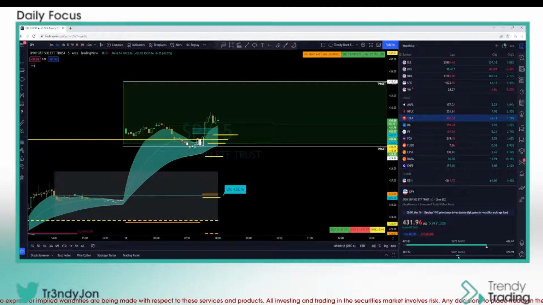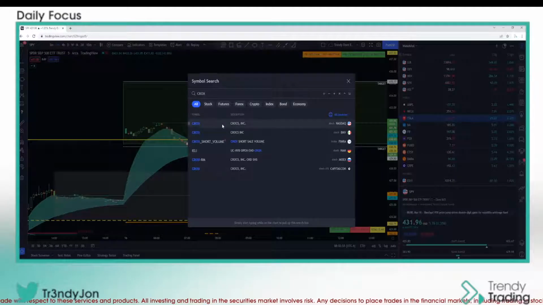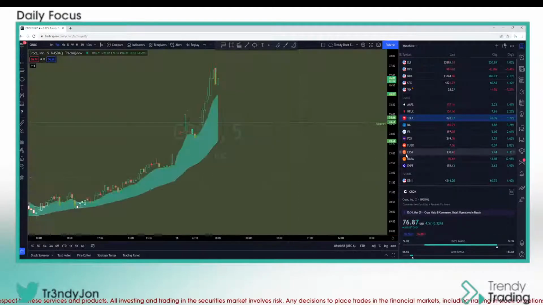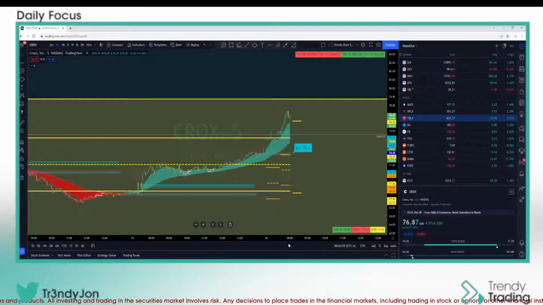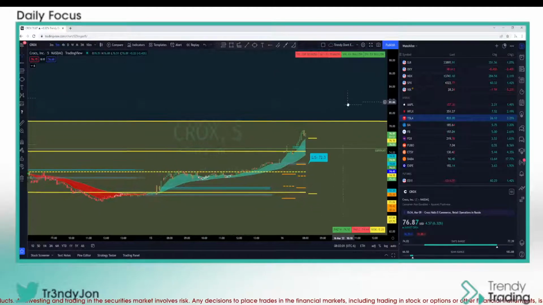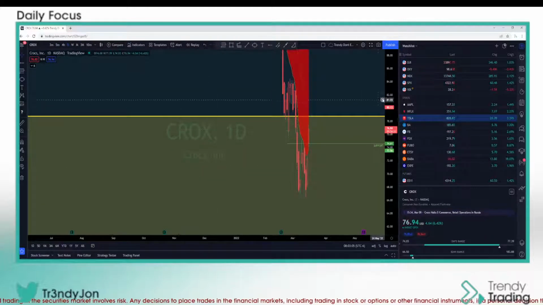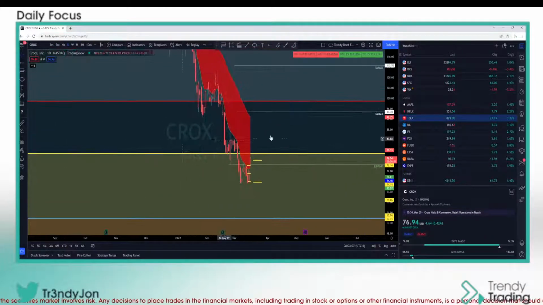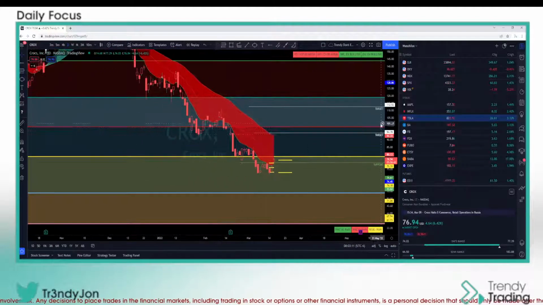All right, let's see. What do I want to do here? This CROX, I want to take a look here for options. CROX. What a move right here. Look at this thing. Big move, actually. I love this stock. Yesterday I was thinking about options right now.